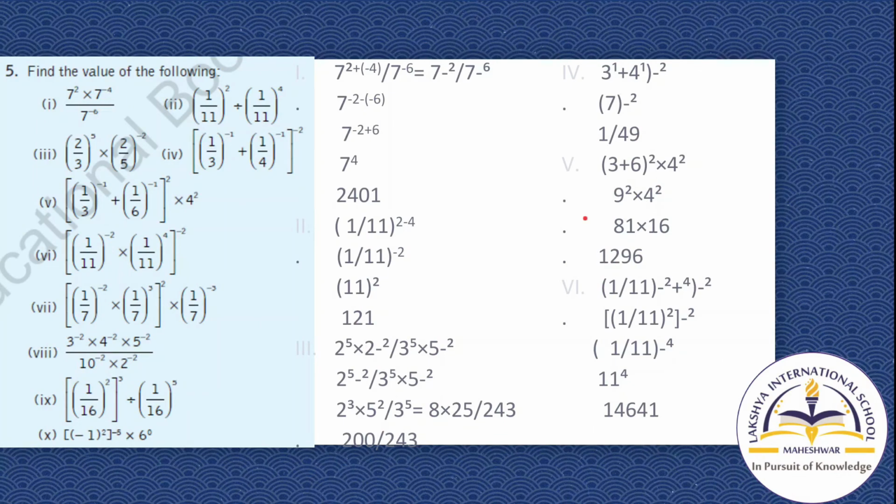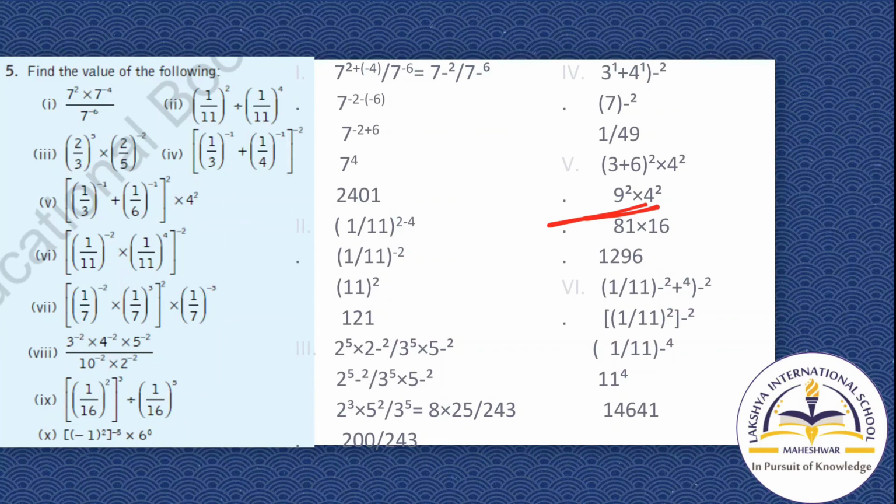Now 3 plus 6 is 9, to the power 2 into 4 to the power 2. Now you have to solve them separately. Why? Here you can see the bases are not the same, bases are different, 9 and 4. So you have to solve them separately. So 9 into 9 is 81 and 4 into 4 is 16. 81 multiplied by 16 is 1296.